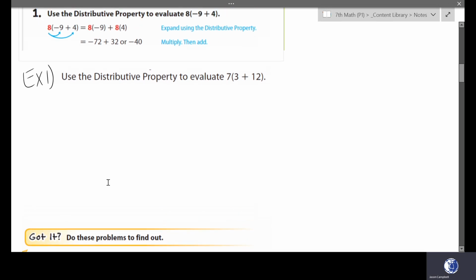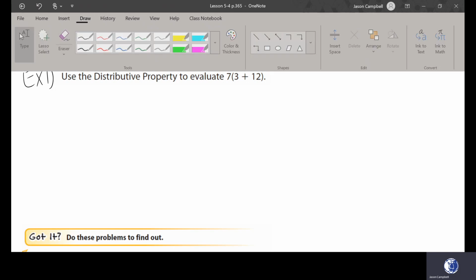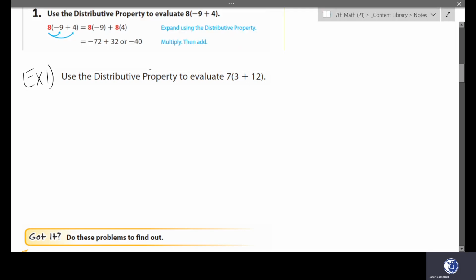In our example 1, it says use the distributive property to evaluate 7 multiplied by 3 add 12. So we want to multiply 7 by everything inside the parentheses.